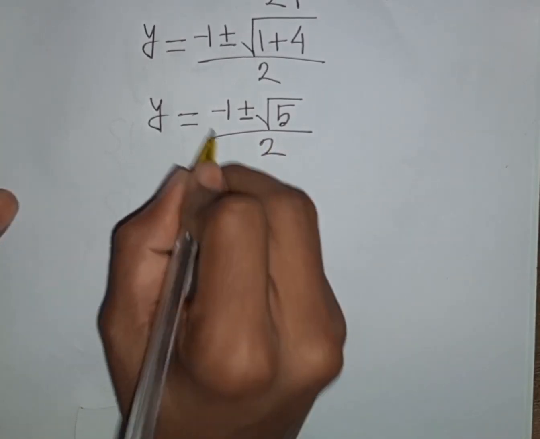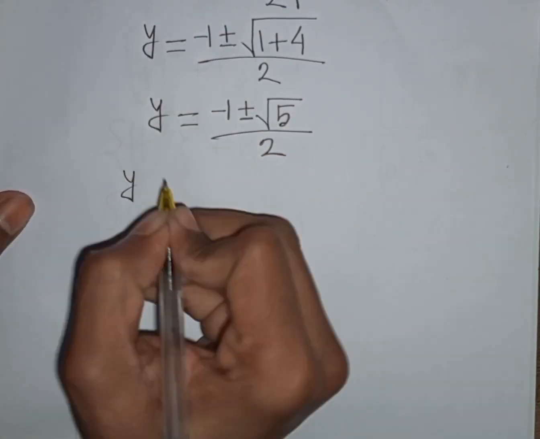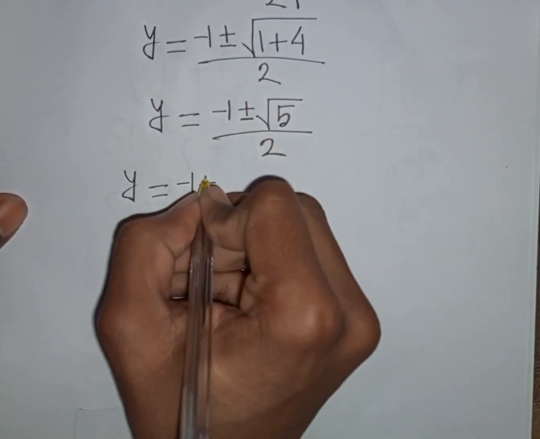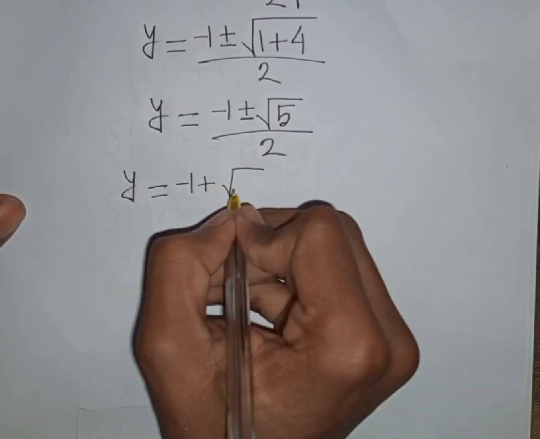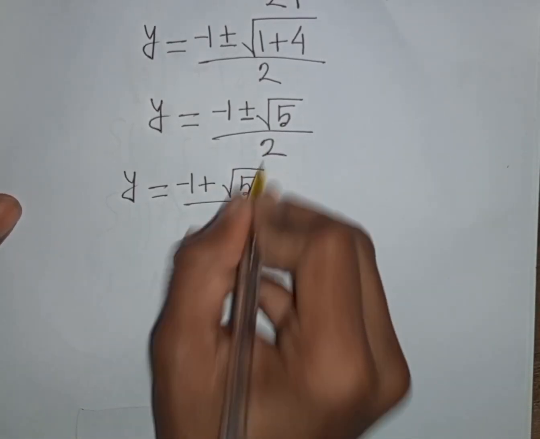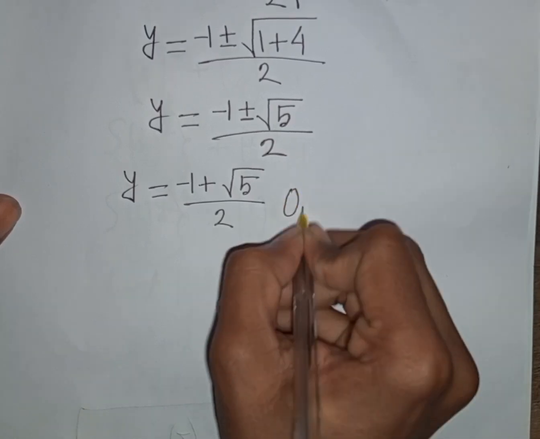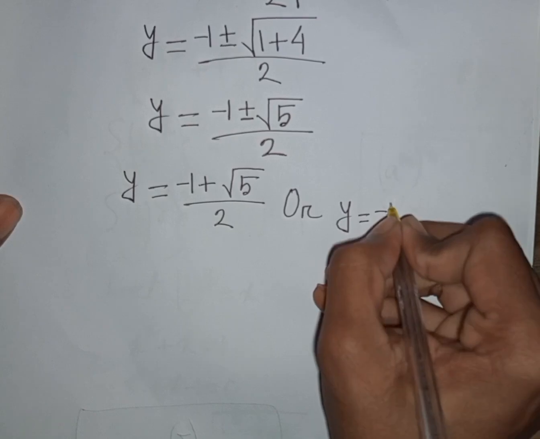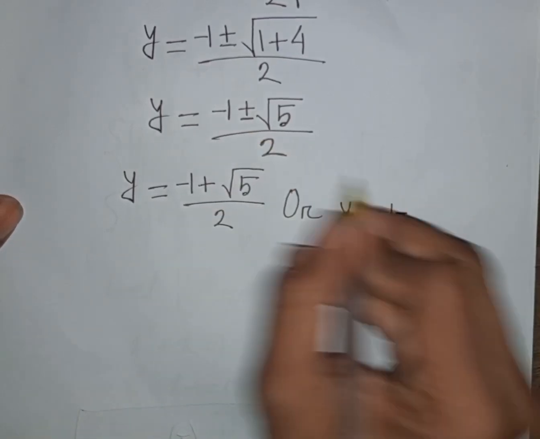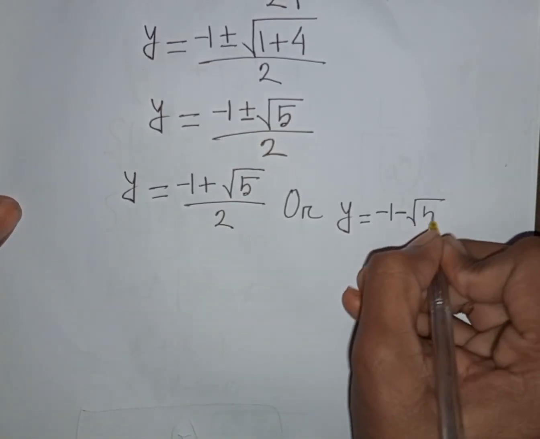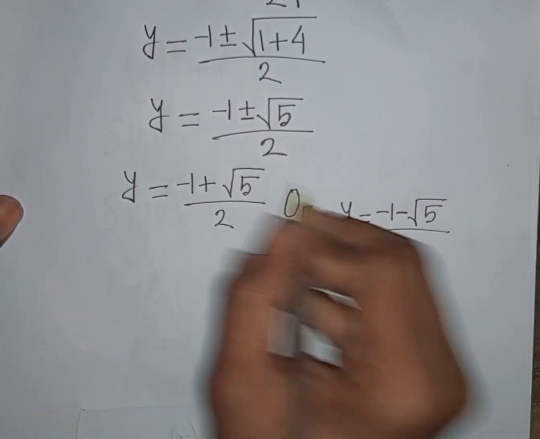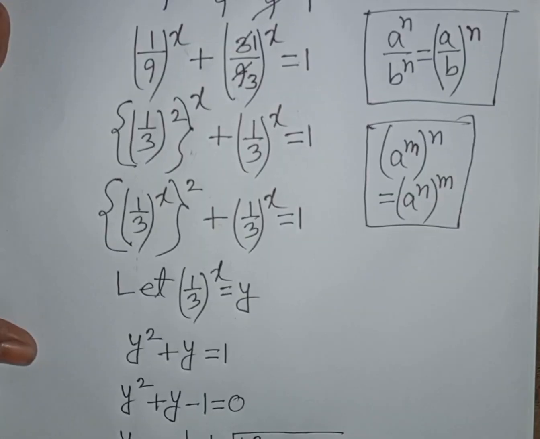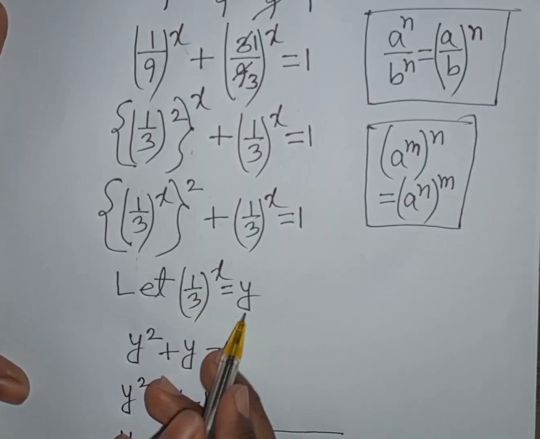Now we see here two cases, so you can write here y is equal to minus 1 plus square root of 5 divided by 2, or y is equal to minus 1 minus square root of 5 divided by 2. Now remember that let 1 by 3 bracket power x be substituted by y.